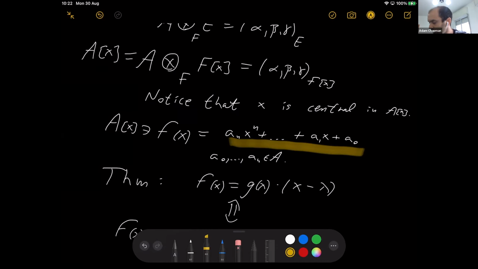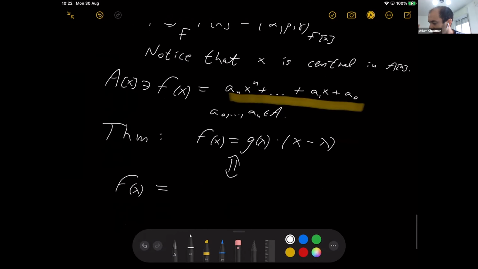Okay? So I'm plugging in lambda only after I put all the x's on the right-hand side. So I have a_n lambda to the n plus whatever plus a_1 lambda plus a_0, and that has to be 0. So apparently, and it's not so difficult to prove.